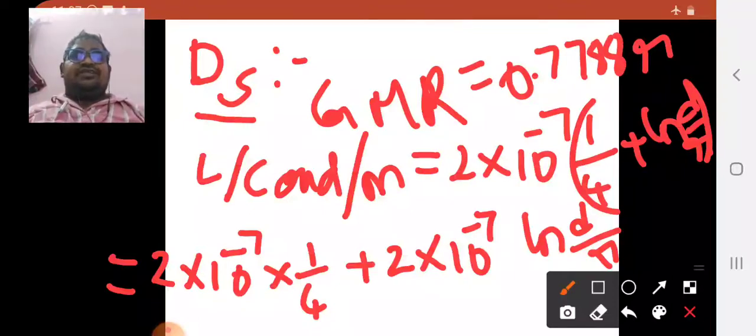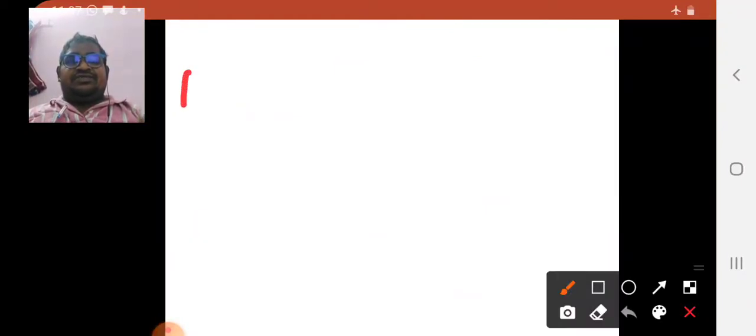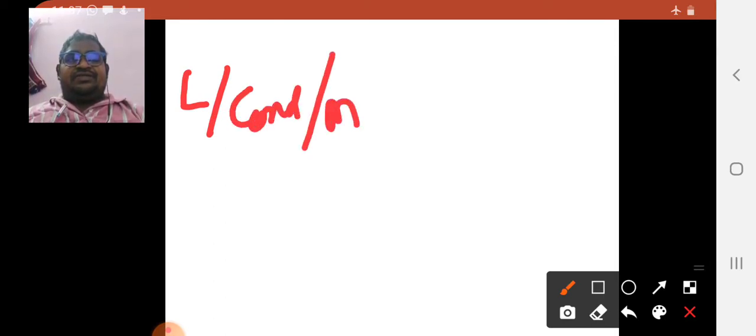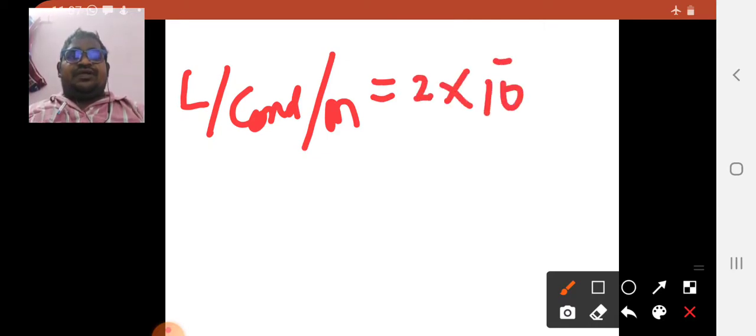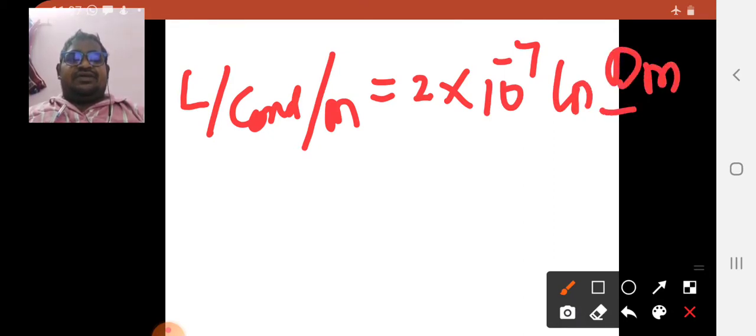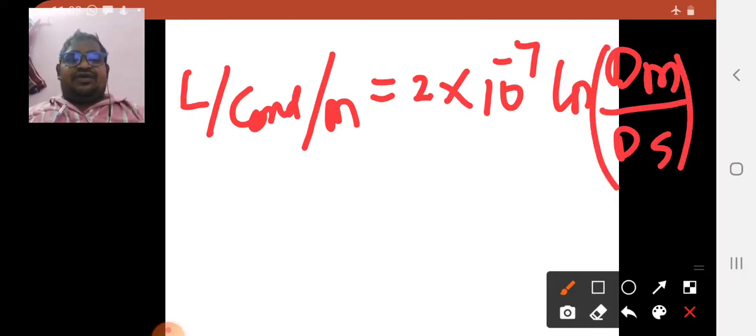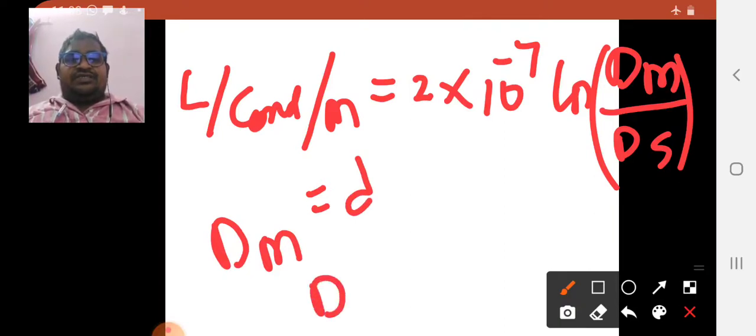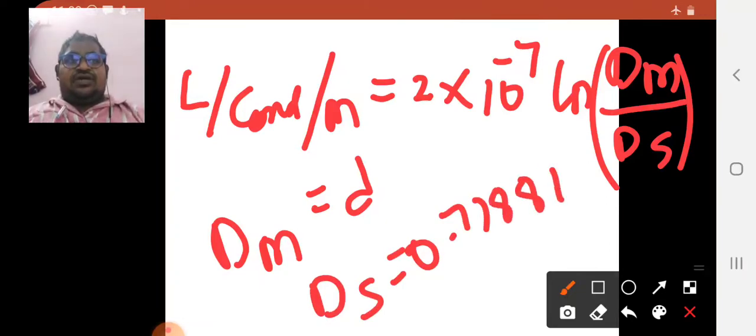Hence we can write the equation for inductance per conductor per meter as 2 into 10 power minus 7 ln Dm by Ds, where Dm is equal to d and Ds is equal to 0.7788 into r.